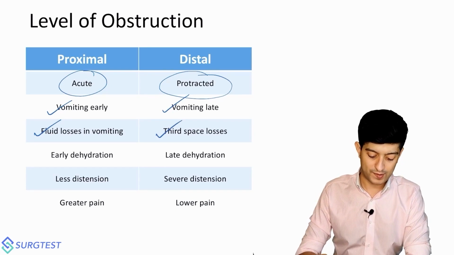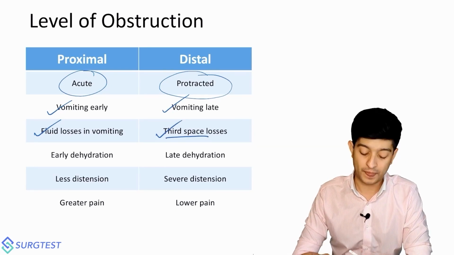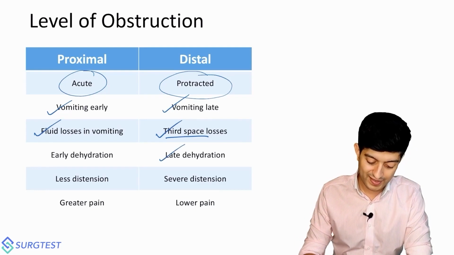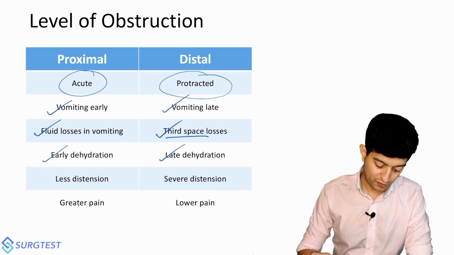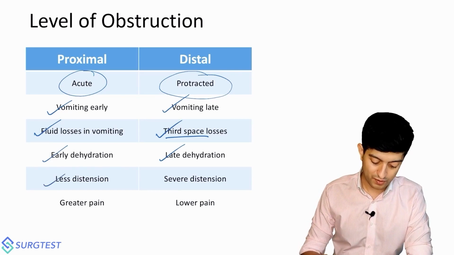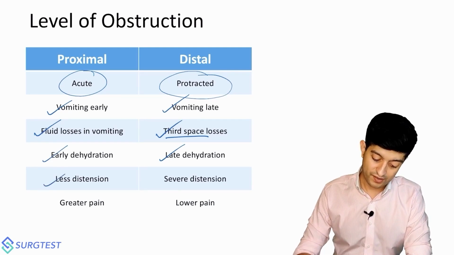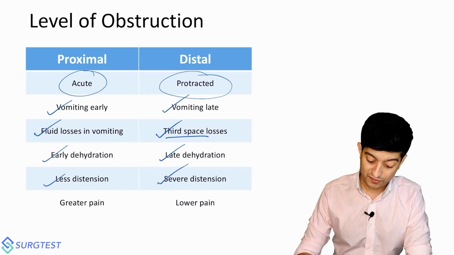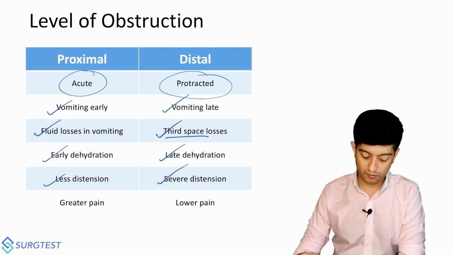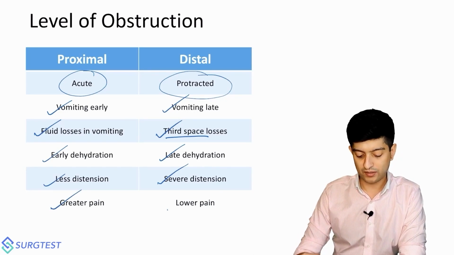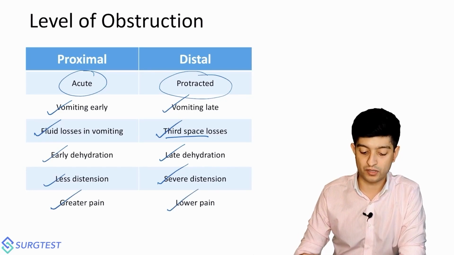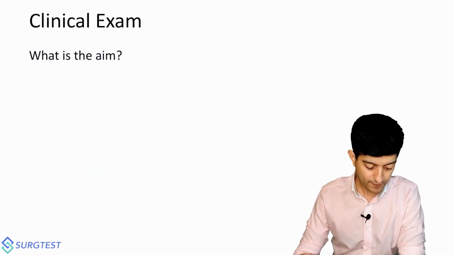So this is a third space loss that occurs. Dehydration is fairly late in distal obstructions. Proximal obstructions, of course, have less distension, less of the bowel is involved, whereas in a distal block the distension is quite severe and pronounced. The pain in proximal obstruction is much worse than that seen in a distal obstruction. So this was a quick recap.